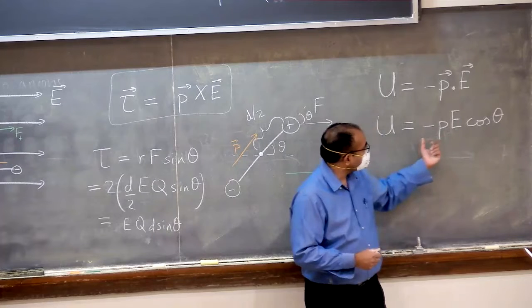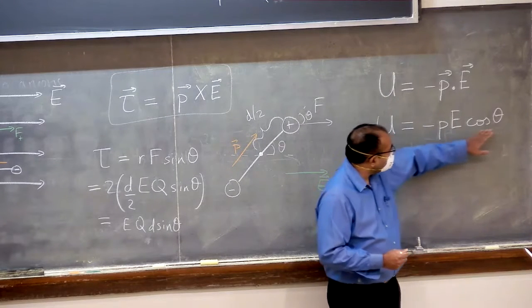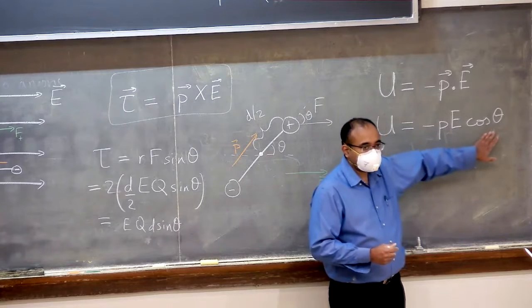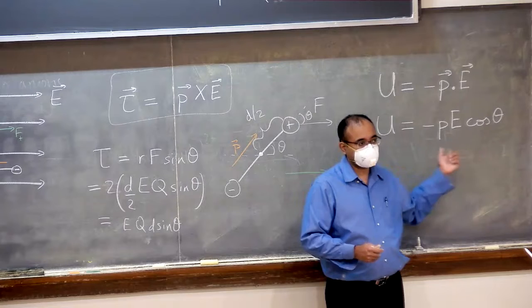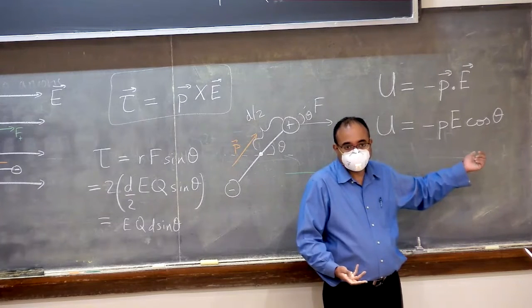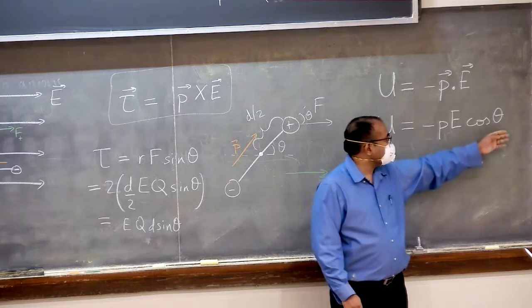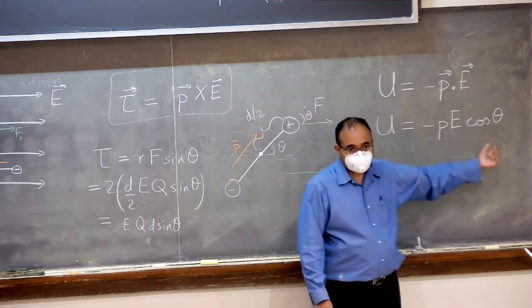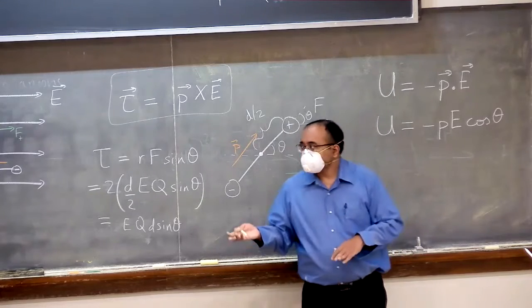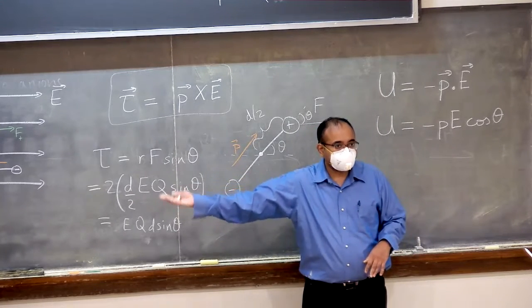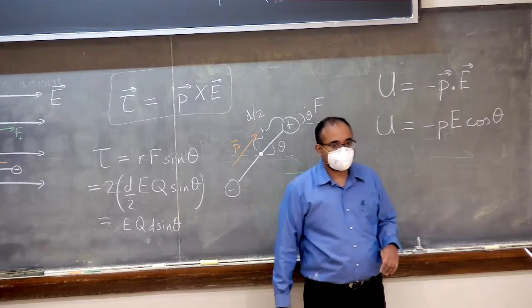So here, when theta is 0, cosine of 0 is 1, and so you get minus PE. That is the smallest value it can take, the most negative value. When theta is 90 degrees, you get 0. When theta is 180 degrees, you get plus PE, which is the highest value it takes. So the most unstable is the anti-parallel position, and the energy decreases as you turn to the parallel position.